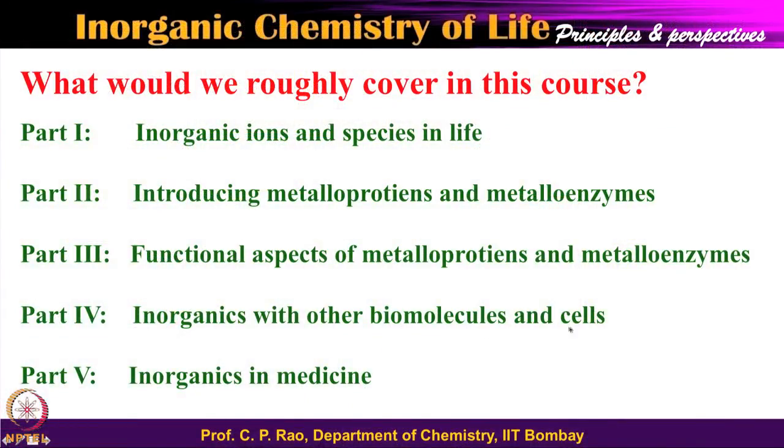That is called function, the functional aspects of these metalloproteins and metalloenzymes. As I said, this part is mainly covered in biological inorganic chemistry, but I would like to take up a few more aspects in this course: the inorganics with other biomolecules and cells, and also how inorganic ions and species act in medicine.